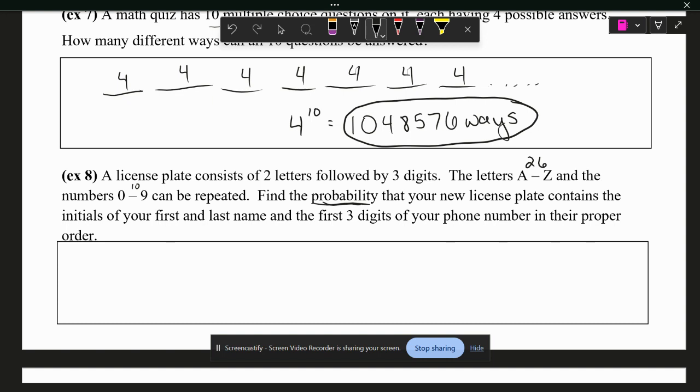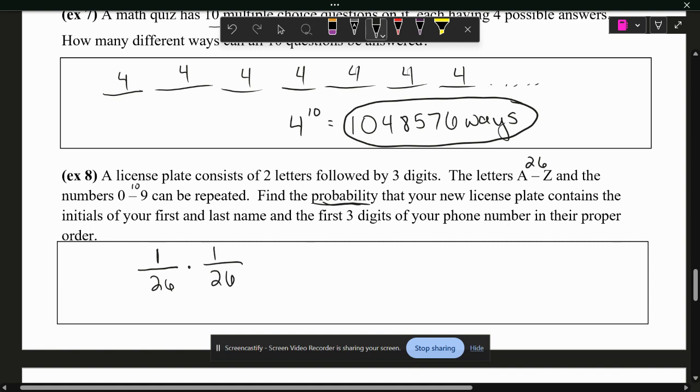So first off, your new license plate has the initials of your first and last name. My first name only has 1 initial out of 26. My last name only has 1 out of 26.